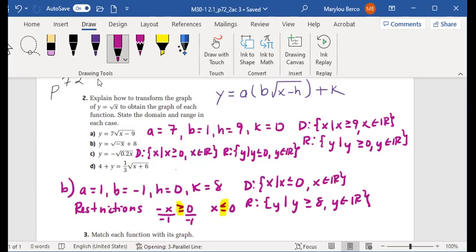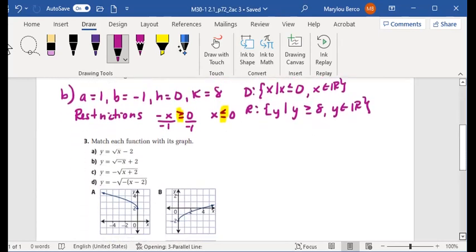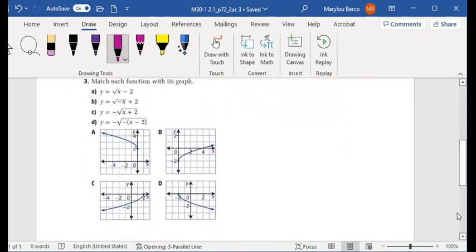Okay, let's take a look at 3. Match each function with its graph. Okay, so for y equals root x minus 2, what we have is a equals 1, b equals 1, h equals 0, and k equals negative 2.